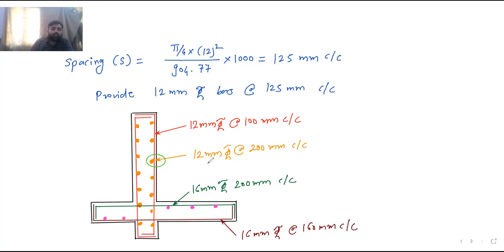Now let me know what is the distribution steel in heel slab. 12 mm bar about 250 mm center to center. So this is 12 mm about 250 mm center to center.